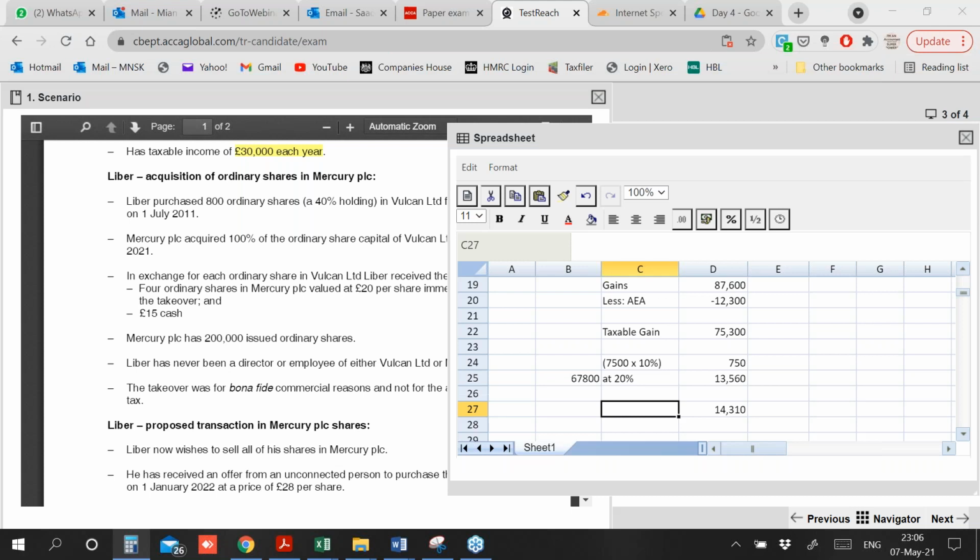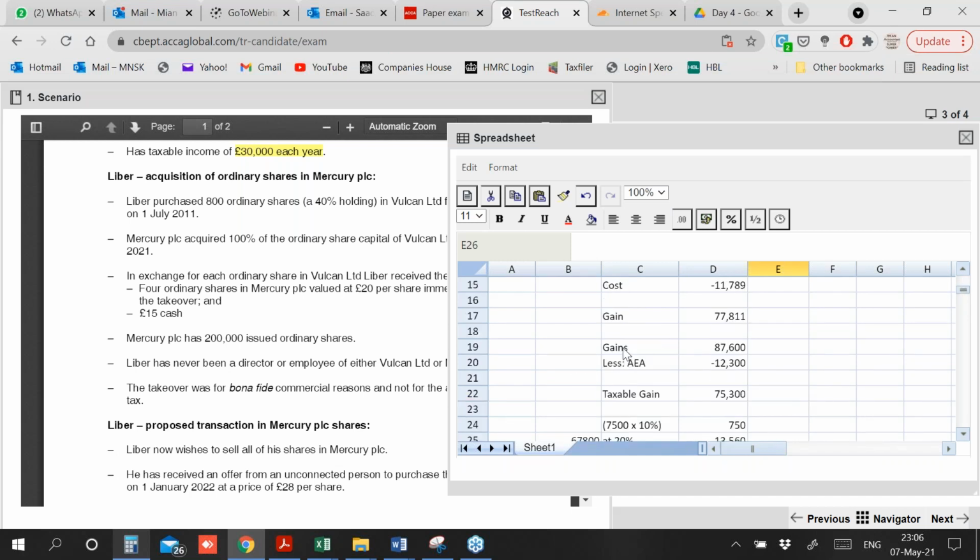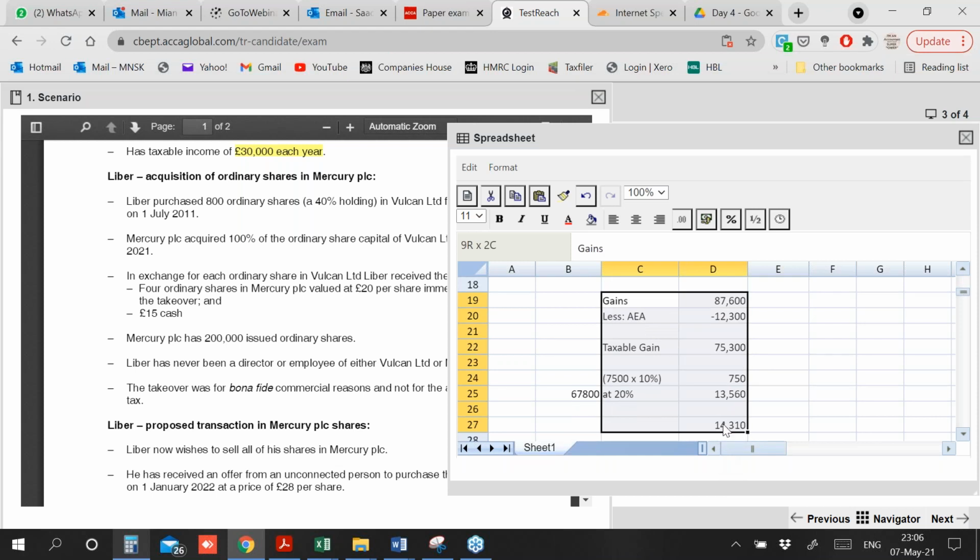Secondly, there will be some basic rate band available next year as well. As you know, we always have to tell them the differential tax savings. So I'll calculate the tax liability next year as well. For that, I will copy all of this data because that will help me, and I'll just change the figures.